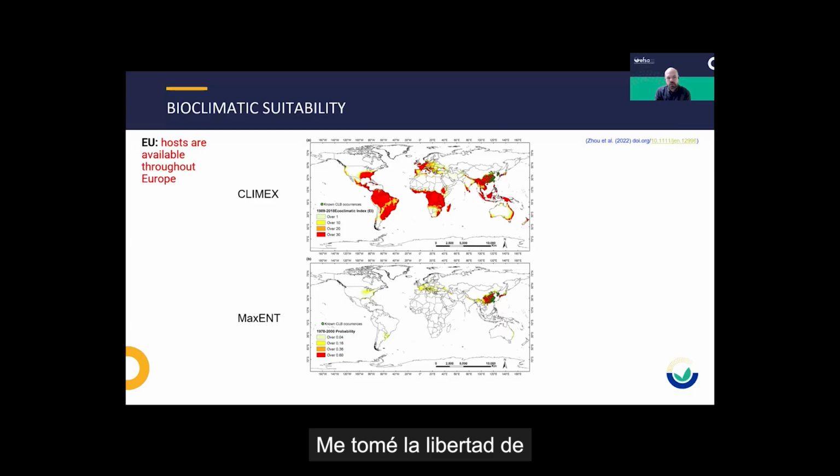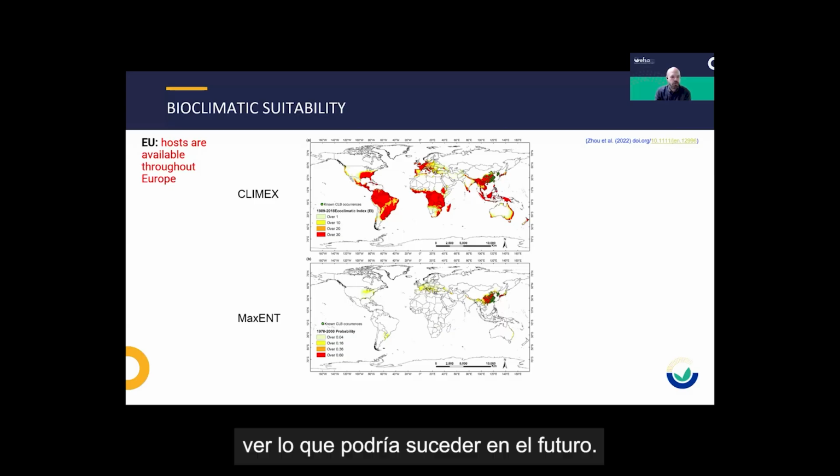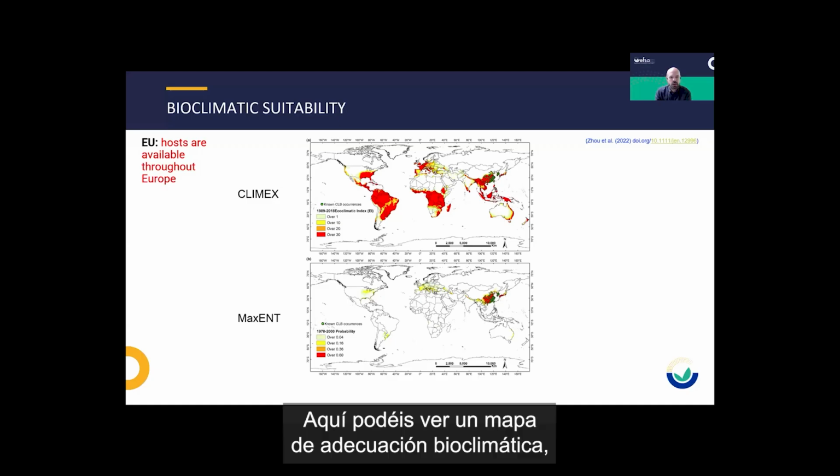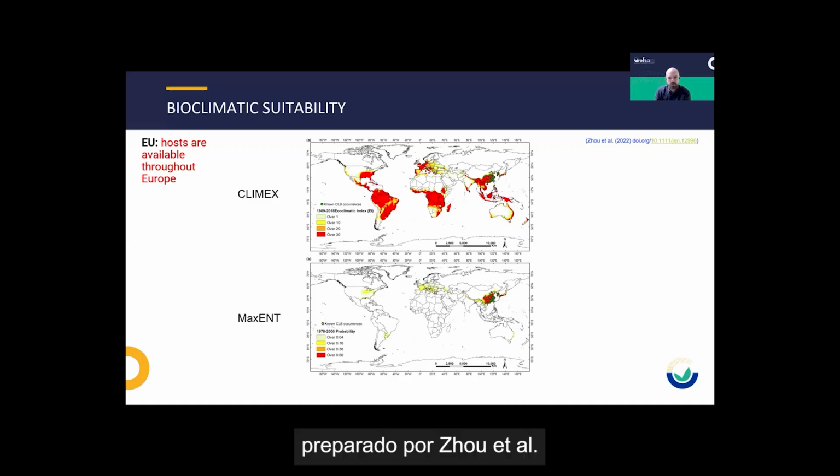I also took the liberty to look at what would happen in the future. Here you see a bioclimatic suitability map, which was prepared by Sao et al.